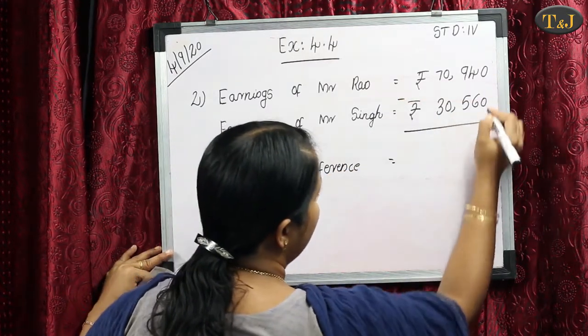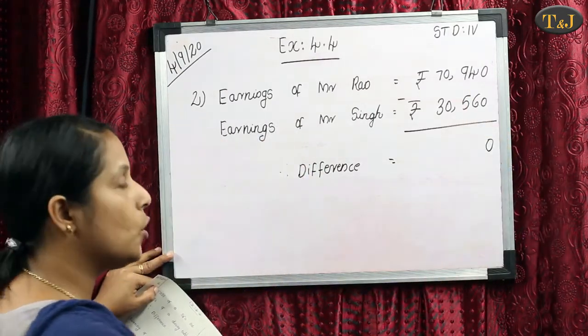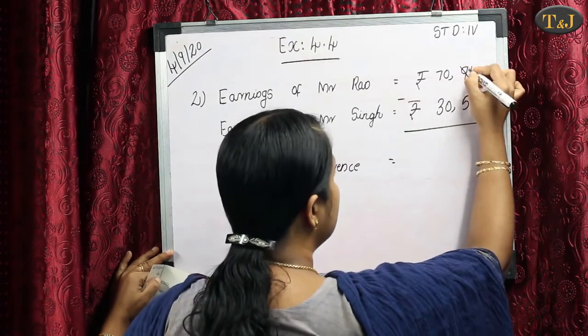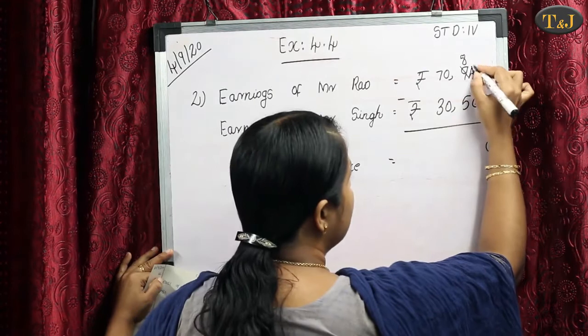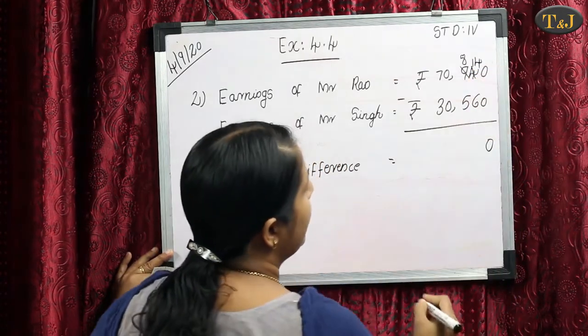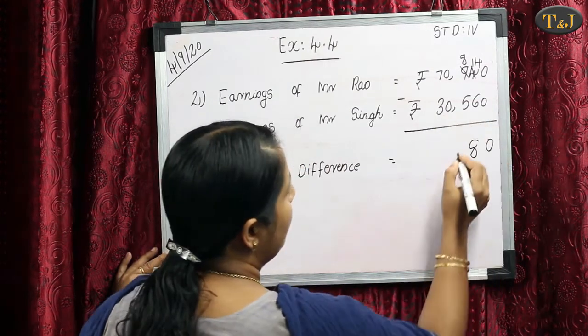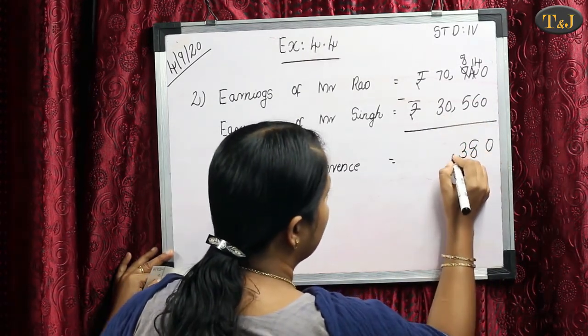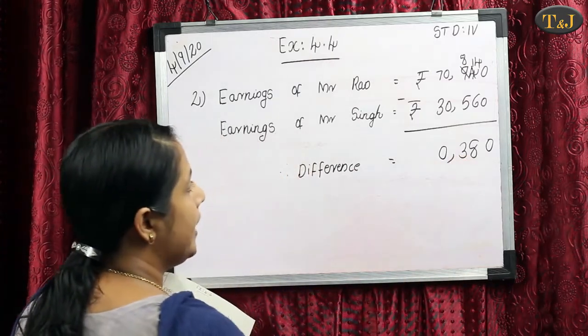Then 0 minus 0, 0. Then 4 minus 6 is not possible. So borrow 1 here, cut it and write it as 8, and this number is 14. Then 14 minus 6 equals 8. Then 8 minus 5 equals 3. Then 0 minus 0, 0. Then 7 minus 3 equals 4.